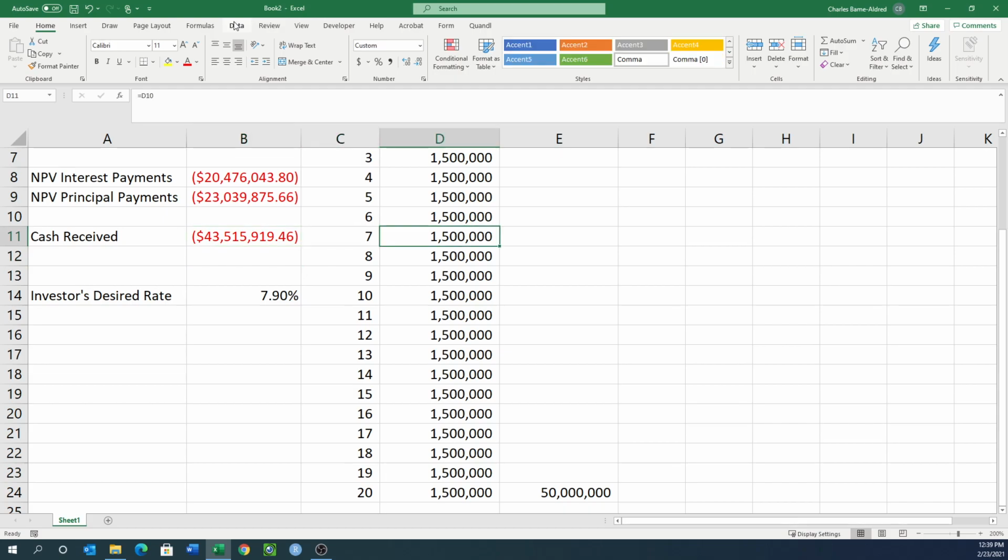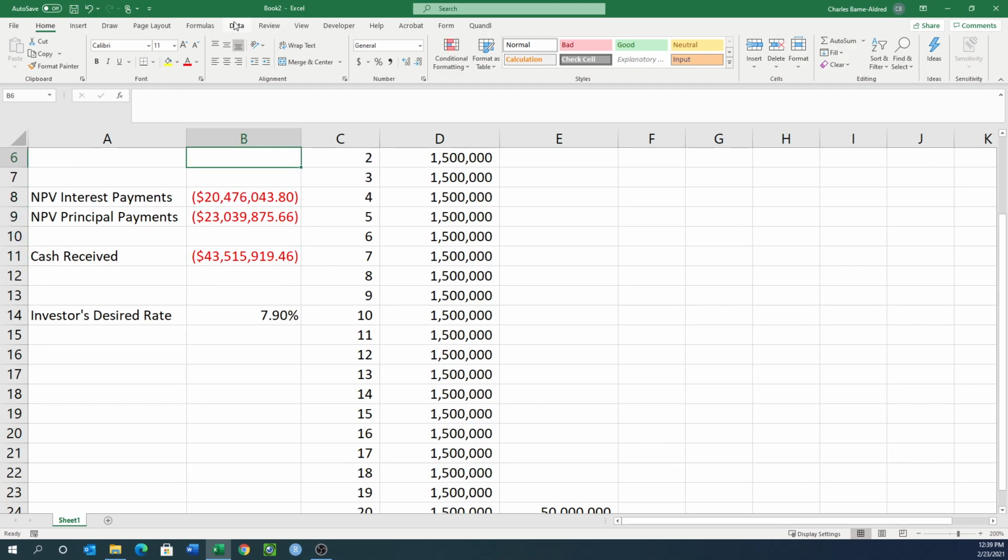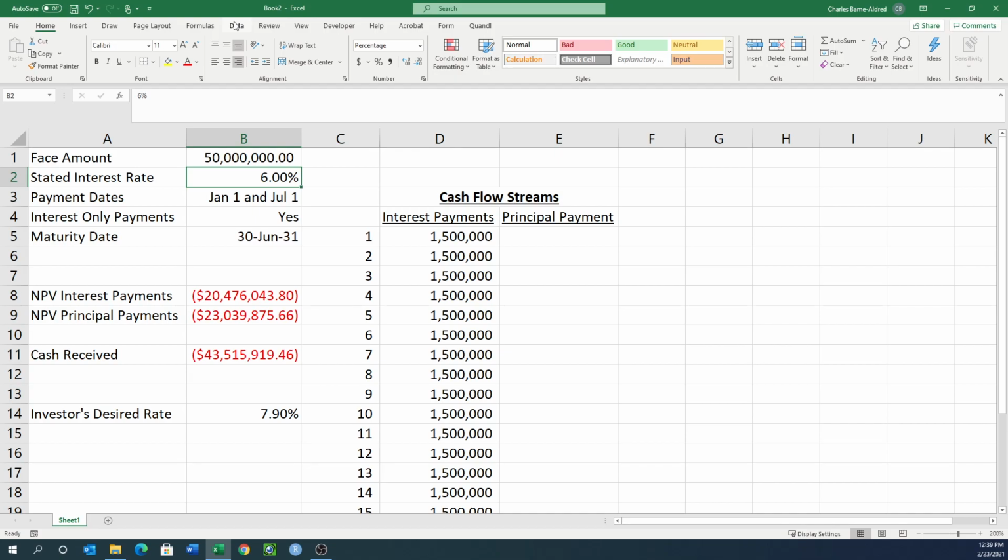I'm going to have to pay back $1.5 million every 6 months, and at the end of 10 years, I'm going to have to pay back $50 million. And they're going to give me $43 million in cash for that, because I have a rate of 6%, and their desired rate is 7.9%.